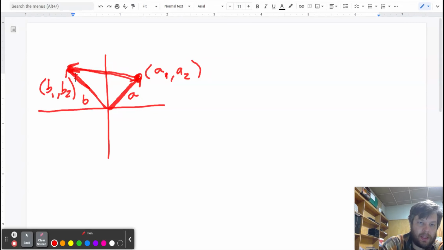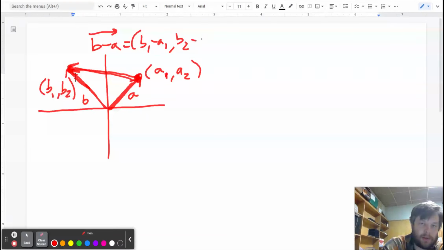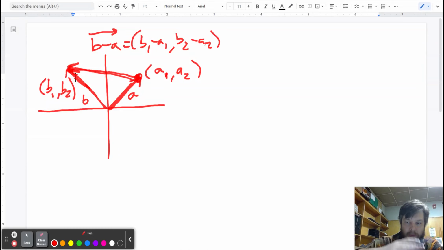The way I know that is because I'm starting at A and ending at B. So the vector B minus A is equal to B1 minus A1, comma, B2 minus A2, which from the origin would be a parallel line down there, but I'm just sliding it up so that it touches the edges of the other triangle.